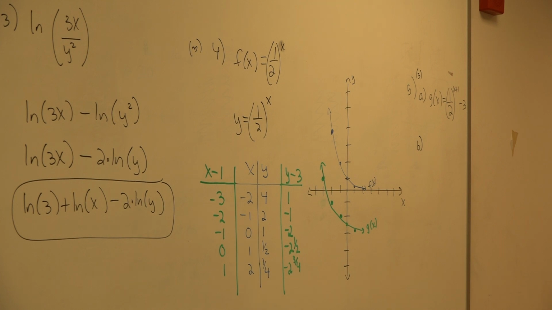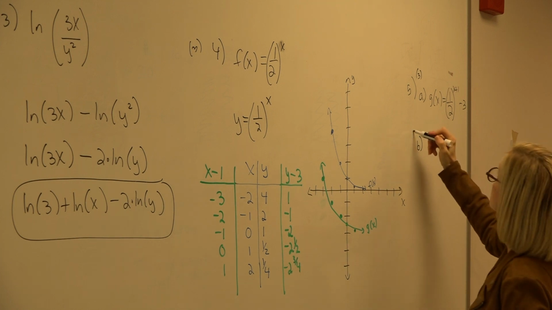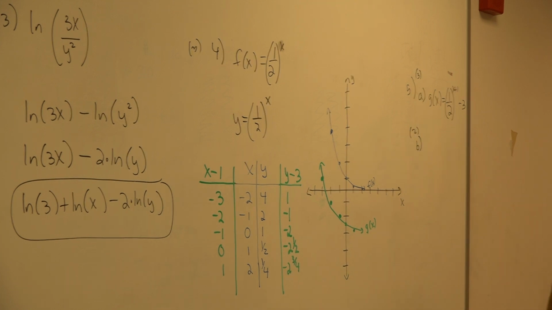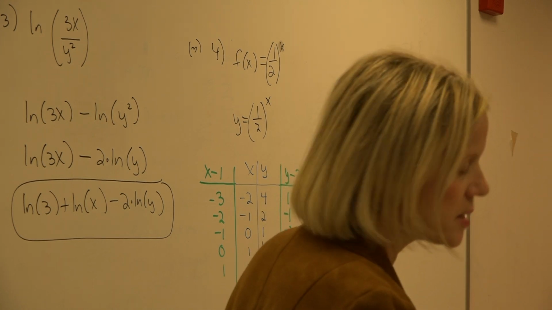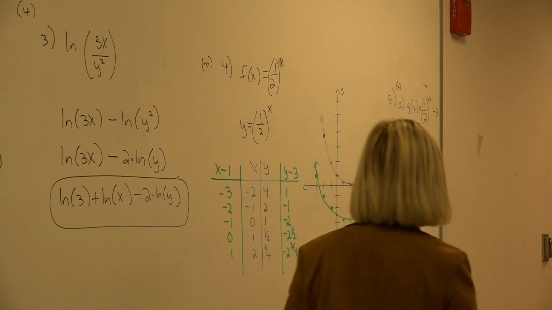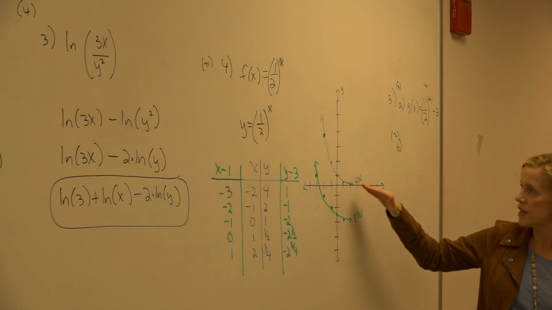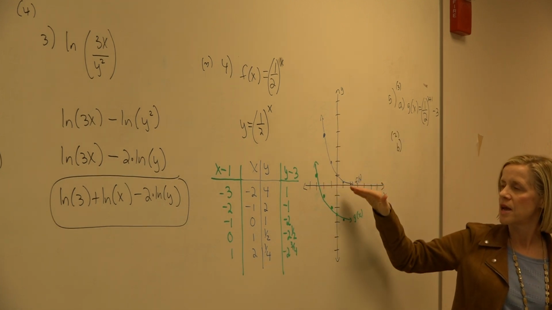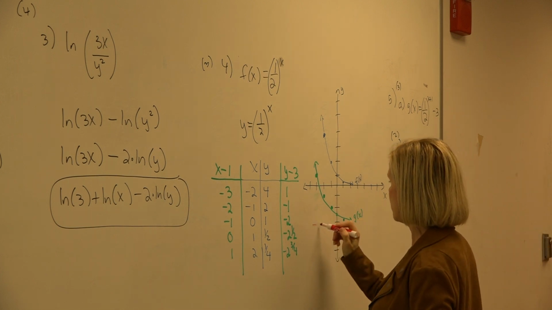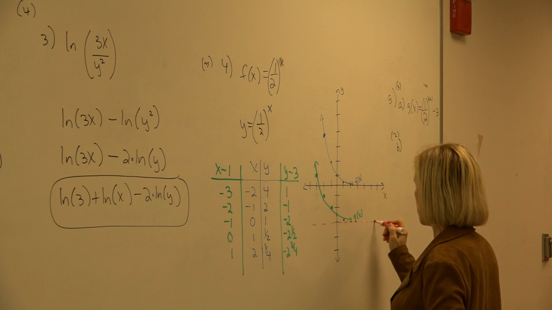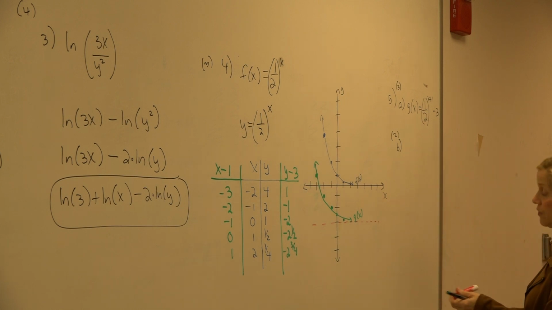For 5b, identify any asymptotes. Normally on an exponential function, you have a horizontal asymptote of y equals 0, as we saw here, the x-axis. But because on this one we shifted down 3 units, now we're going to have a new horizontal asymptote at y equals -3.